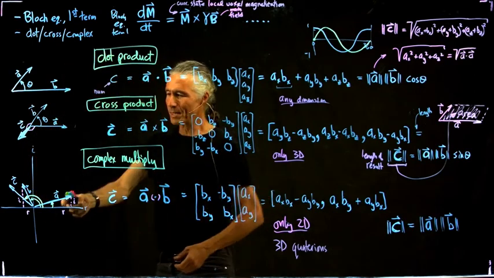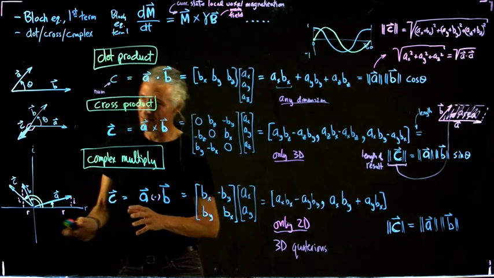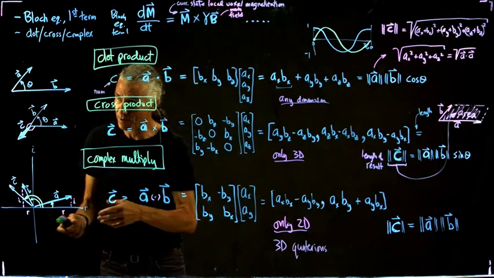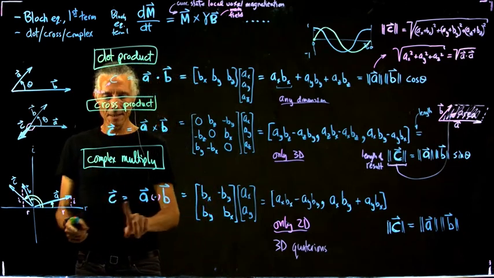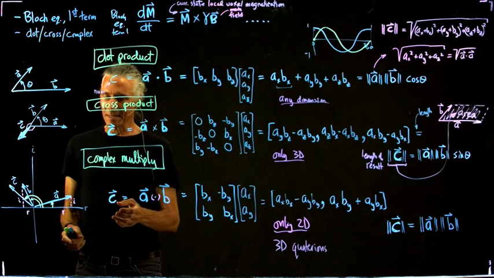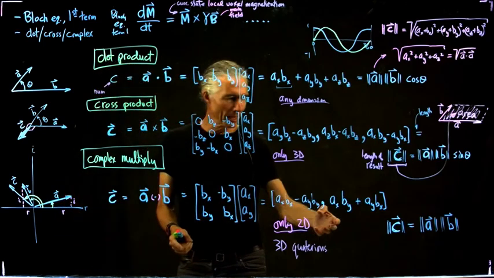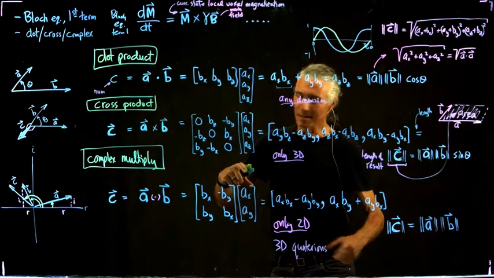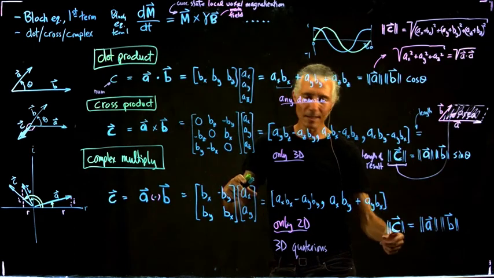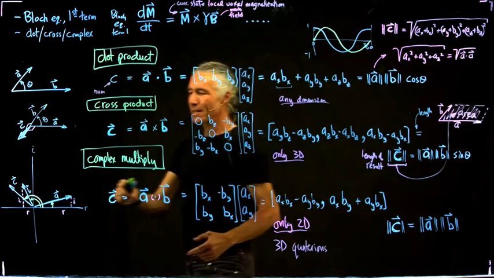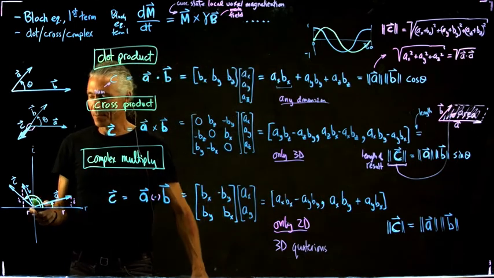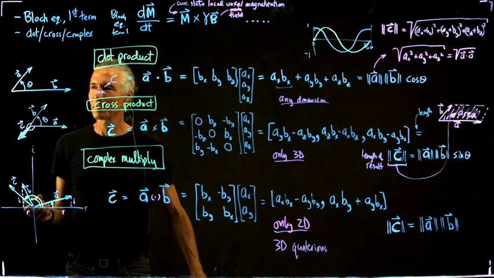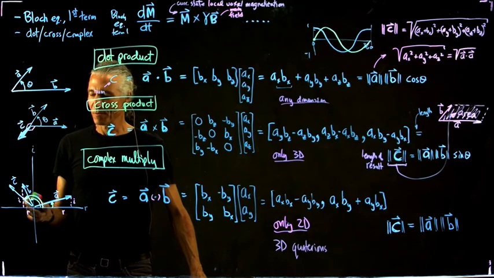And then we have complex multiply, which is yet different. It's kind of like a rotation, really, or a rotation and a scaling. Take the lengths of the vectors and multiply them, and that's the length of the result. Take the angles of the vectors and add them, and that's the angle of the result.